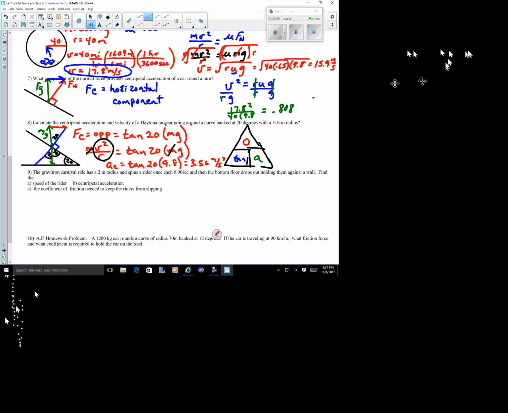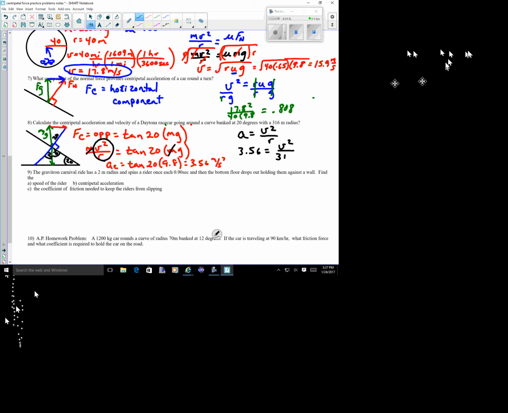Now it also asks you to find the velocity. Well, you know the acceleration, so finding the velocity is pretty easy, because acceleration equals velocity squared over r. We now simply put in all these things and solve for it. So the acceleration is 3.56 equals v squared over the radius, which is 316.